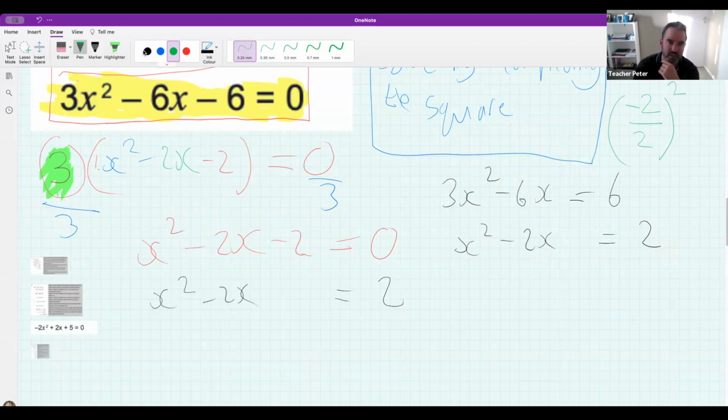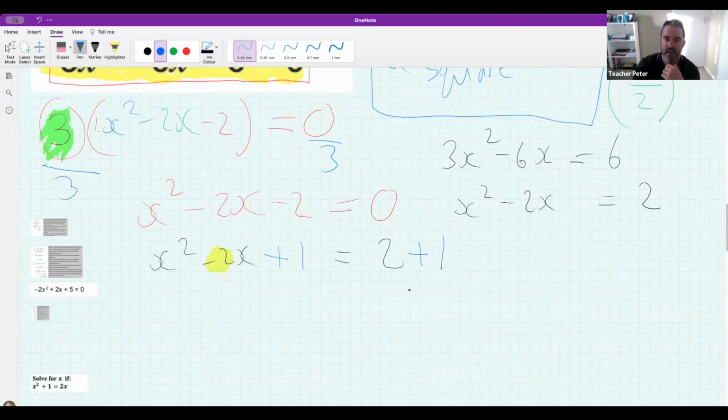So I really focus in on that bit, and minus 2 over 2 is minus 1. Minus 1 squared is 1. So then I need to add 1 to this side and add 1 to that side.